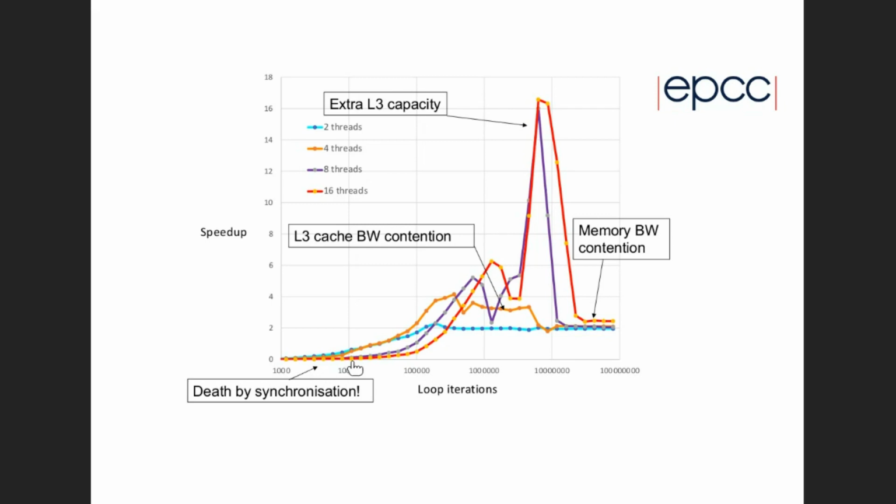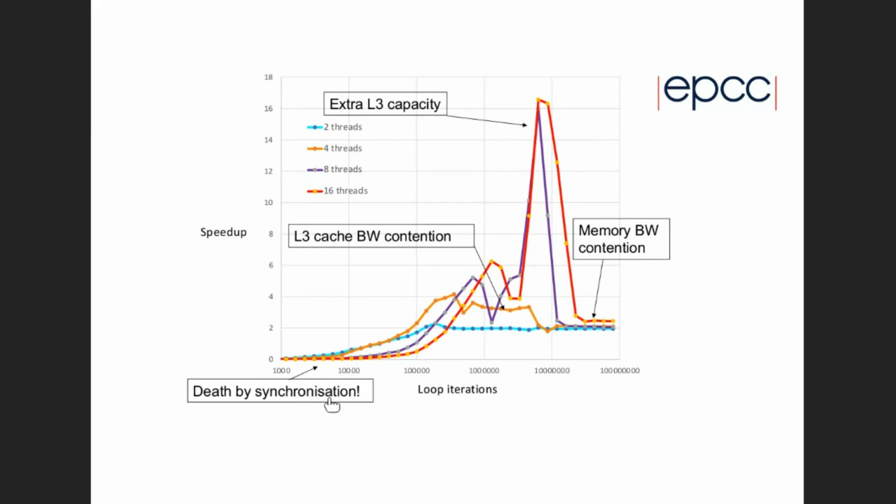Depending on the number of threads, you need tens of thousands or even hundreds of thousands of loop iterations to get to the break-even point, where the advantages of parallelizing the work outweigh the overheads of synchronizing the threads. That's what's going on down at the left-hand side here.